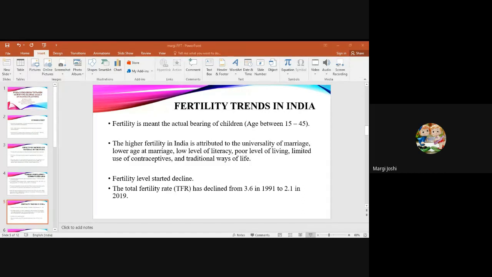In that, target 3.7 is ensuring universal access to sexual and reproductive healthcare services, including family planning, information and education, and the integration of reproductive health into national strategies and programs by 2030.